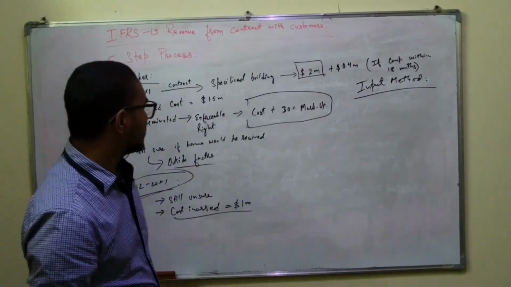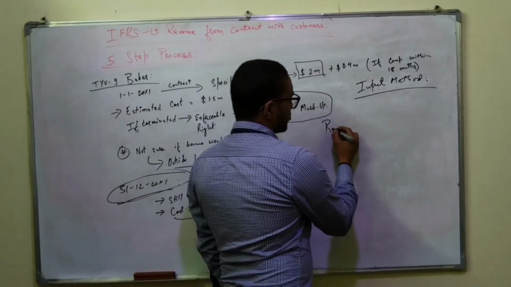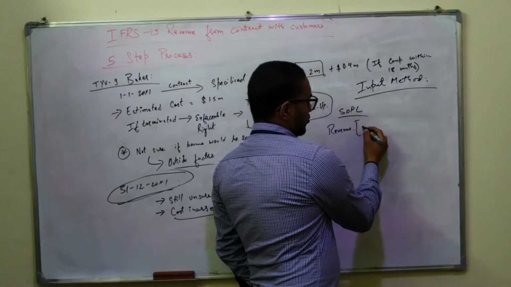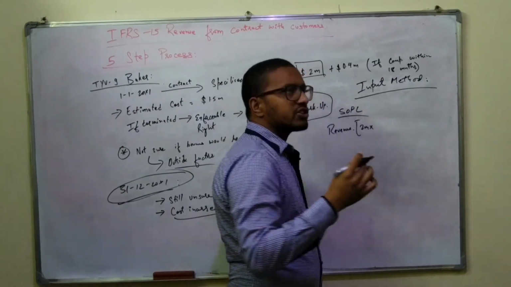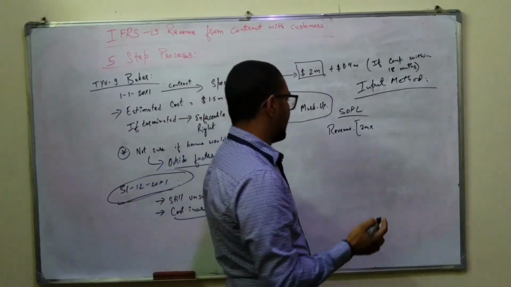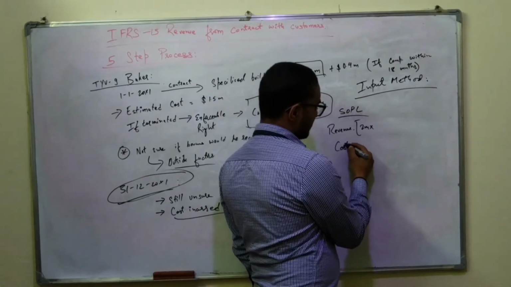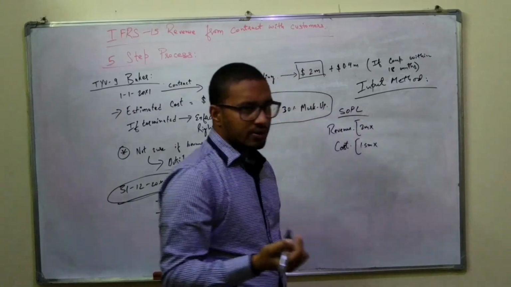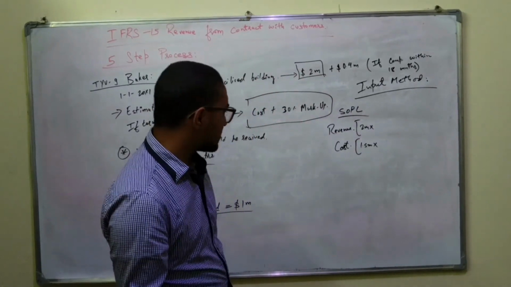So how much revenue should we recognize? I'm making an SOPL out of 2 million. How much percentage have we completed? That would be measured based upon our completion percentage. How do we get our completion percentage?